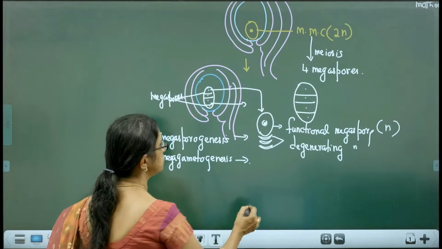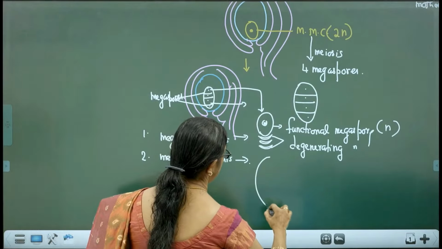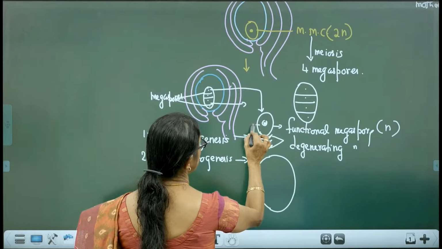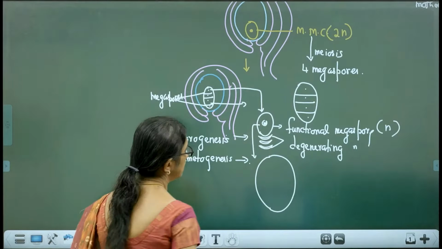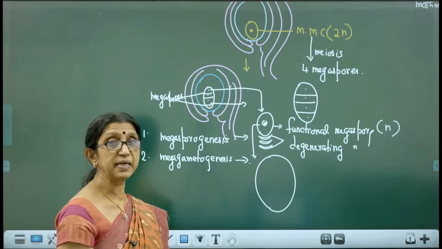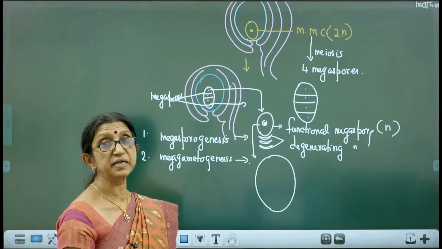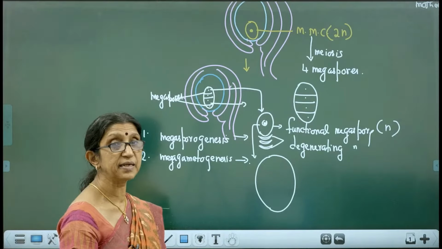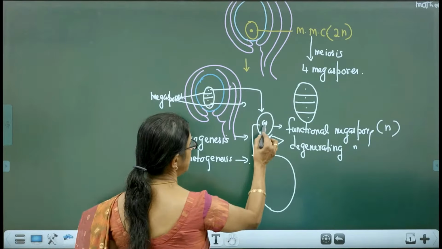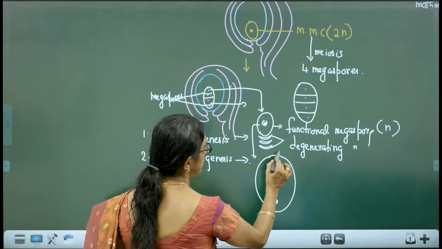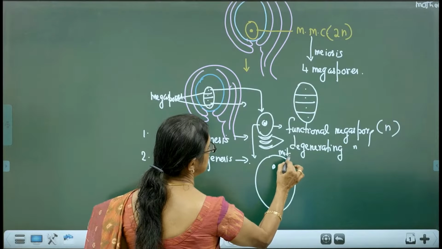So it begins with the enlargement of the functional megaspore. It is uninucleate in the beginning. Now we can see this undergoing 3 repeated mitotic divisions. The nucleus undergoes the first division, that is mitosis 1.